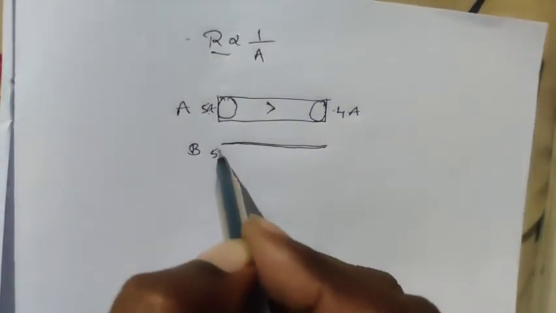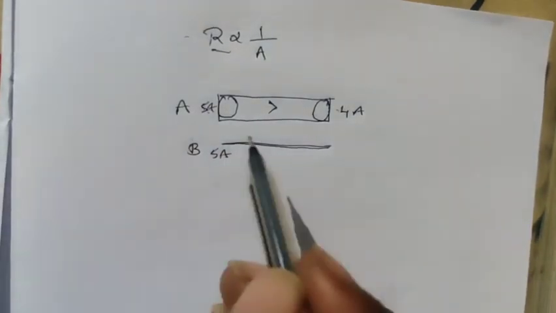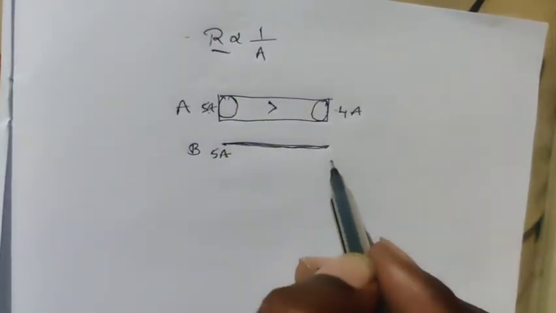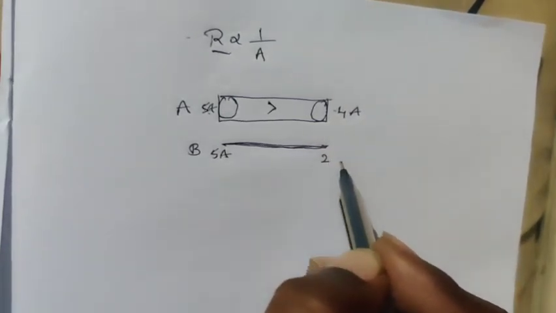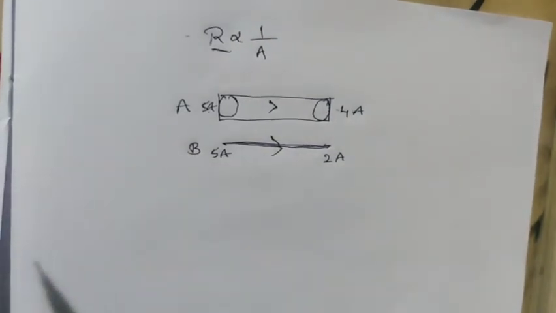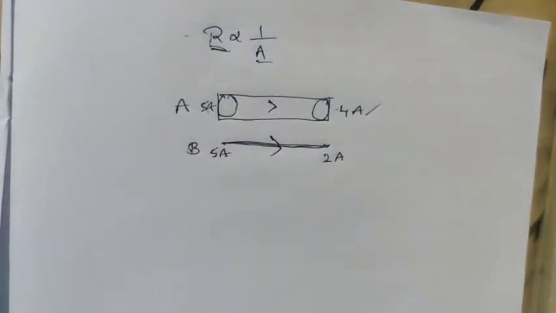Here also you pass the same current, 5 amperes. In this case the area is less, so resistance will be more. If the resistance is more, then the current passing through will be less. It may reach only 2 amperes at the other end. This shows that when area increases, resistance decreases and current flow will be more.